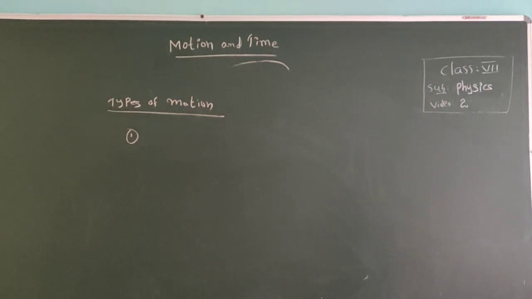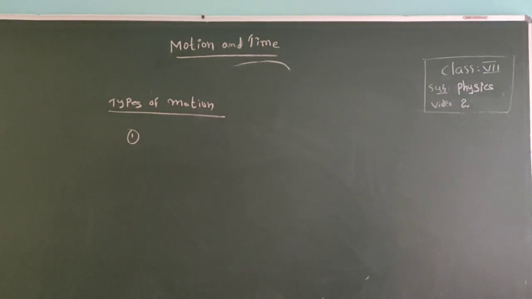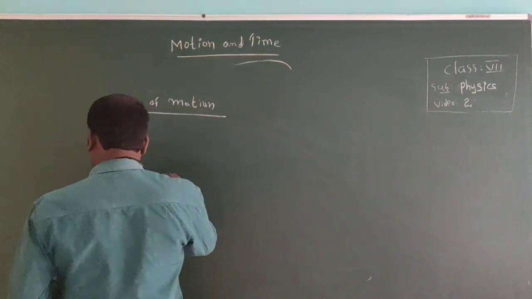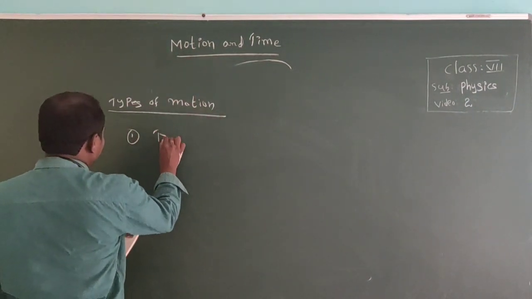Next one, rotatory motion. Okay. Next, rolling motion. Next one, periodic motion. And next one, oscillatory and vibratory motion. This is the first one, translatory motion.